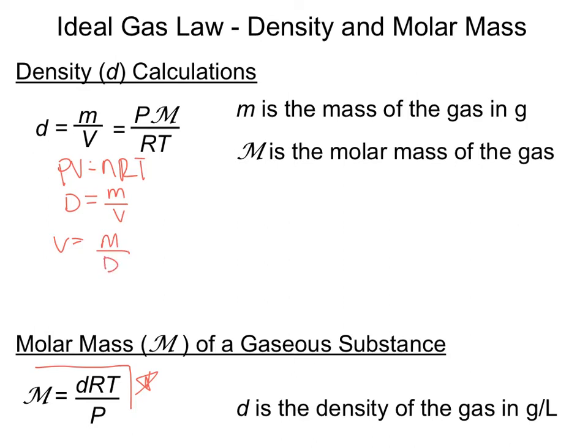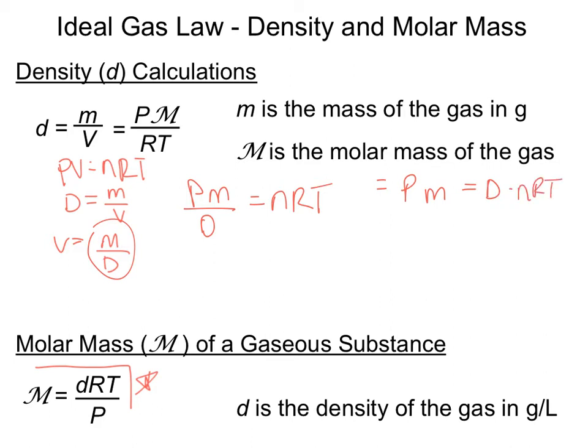Now, if we plug in mass over density for volume, we'll end up with P times mass over density is equal to nRT. If we then cross multiply, we end up with pressure times mass equaling density times n, R, and T.